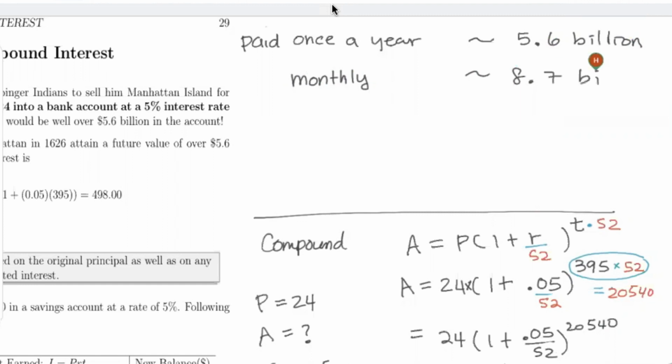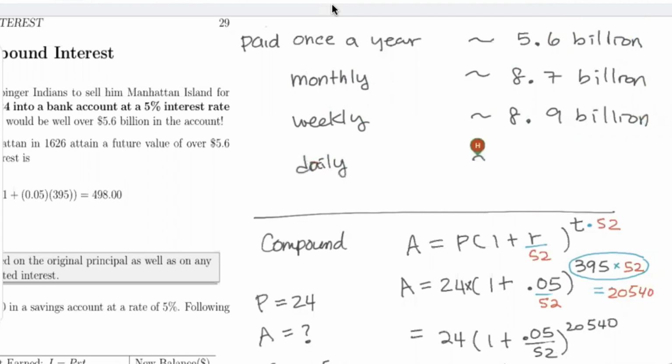Guys, remember this number? 8.7 billion. If it is weekly, roughly you get 8.9 billion. So my assumption is if you get paid daily, my number is higher than this number. Agree?